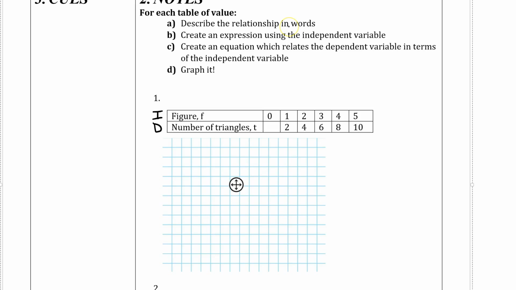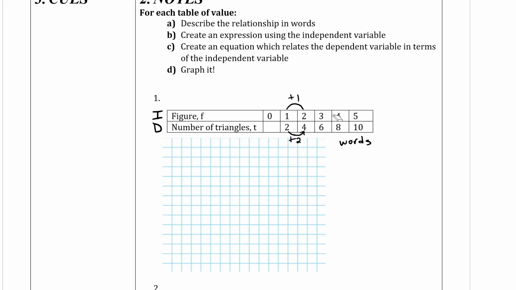So, describe the relationship in words. Well, let's see. When we go up 1 in the independent, we go up 2 in the dependent. And specifically, this gives us a context. The figure number, 1, 2, 3, 4, 5, gives us the number of triangles that are given in that figure. So in figure 1 there are 2 triangles, in figure 2 there are 4 triangles, in figure 3 there are 6 triangles.